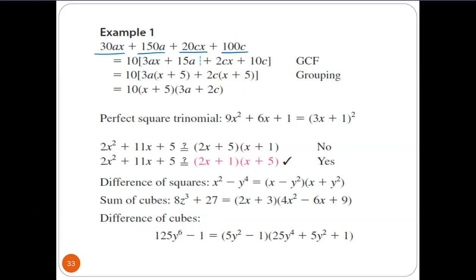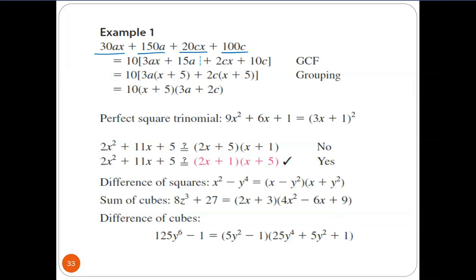We cannot take a from all terms. We cannot take x from all terms. We cannot take c from all terms. I don't have a in all of them, nor x, nor c. We cannot take them. So here we only take a number.